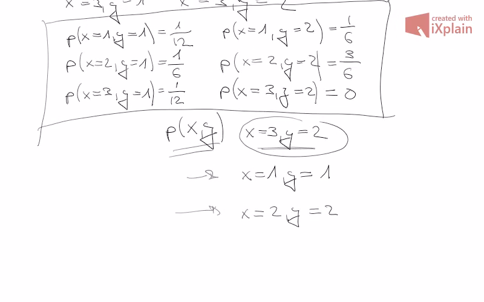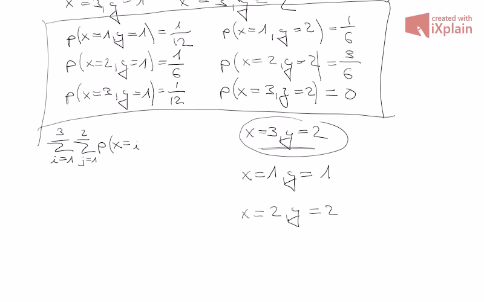We can also express this using the sum symbol. If we sum over all x values, going from 1 to 3, and we sum over all y values, going from 1 to 2, then p(x = i, y = j) is 1.